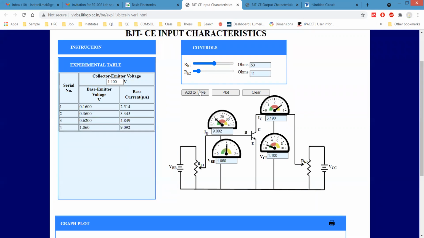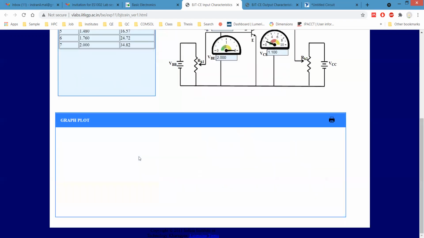Now we have applied 1 volt and the current is 9.092, still in microamps. Now we have applied 1.48, then 1.76, and finally 2 volt. So you can plot that data.